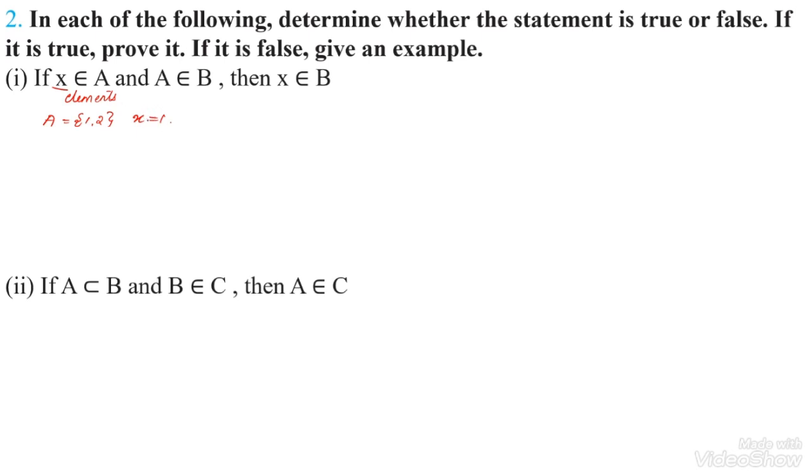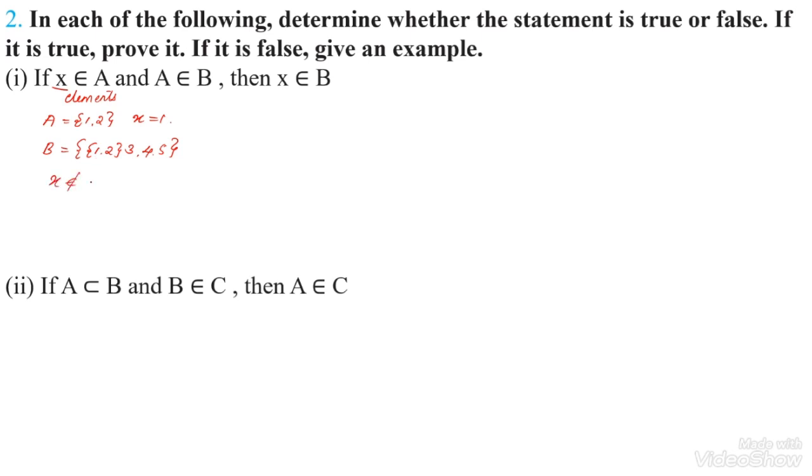Again, A is a subset of B. It means B is a set containing the set A, that is 1, 2 and some other elements 3, 4, 5. B be a set containing the elements 1, 2, 3, 4, 5. Then x be an element which belongs to B. Is it true? No.